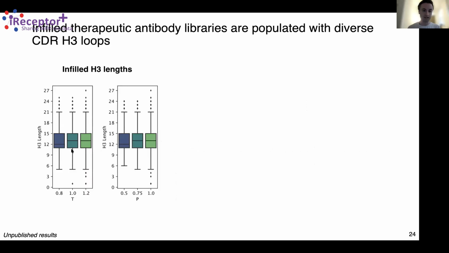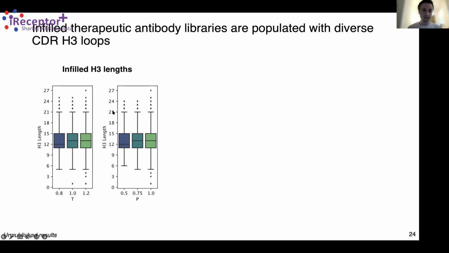We've also investigated a bit the effects of these sampling parameters on generation. One thing I expected going into this is that as you tune these temperature and nucleus sampling probability values, you might get longer loops with more diversity. In fact, we don't really see any effects on loop length as you turn up the temperature or allow more unconstrained sampling. We see this flat trend.